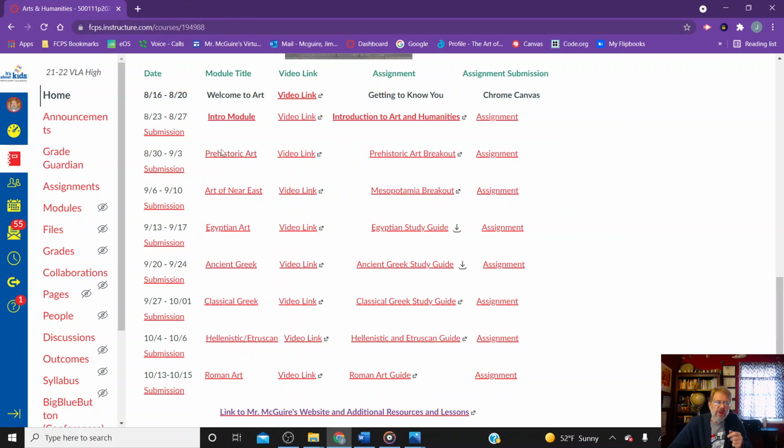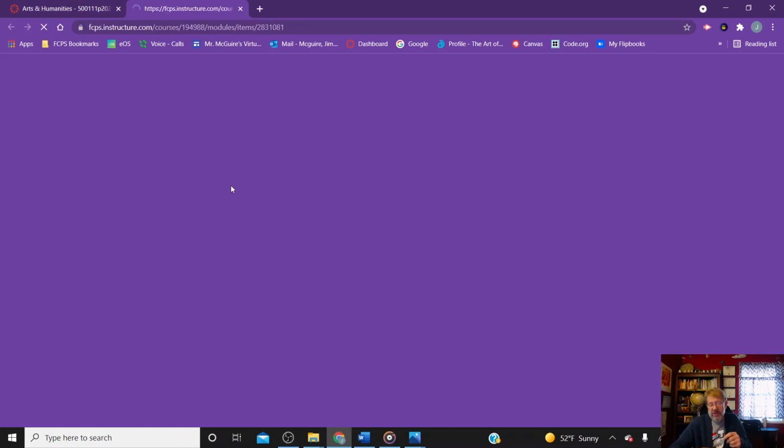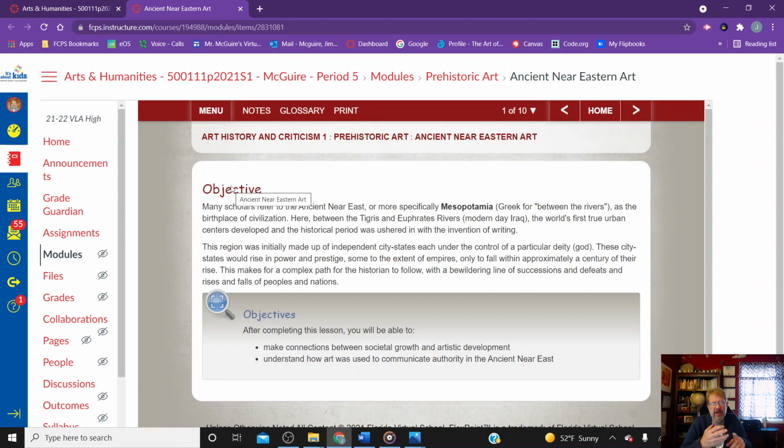So when we look at the prehistoric, you really want to focus on the caves of Lascaux, the murals, the Venus of Willendorf, the Catalhoyuk, again, not necessarily all the architecture stuff, but when did it happen? When did it occur? Where? You know, the who, what, when, and where of those types of things. So not a huge chunk out of that prehistoric.